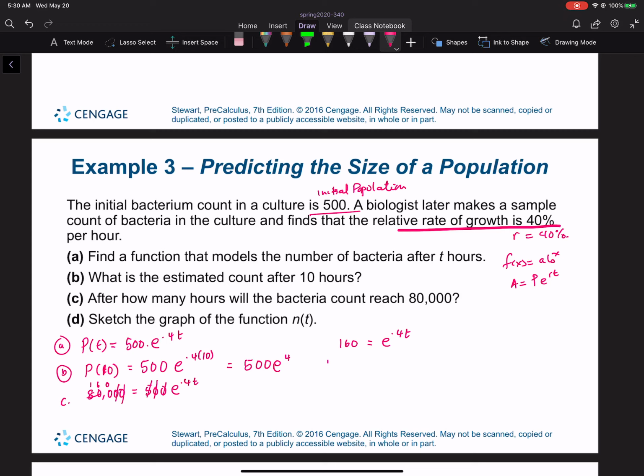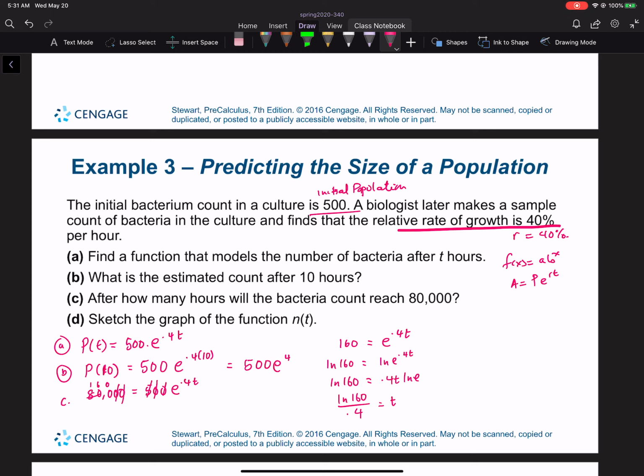So if I apply my natural logs, I get ln of e to the 0.4 t. That gives me ln 160 is equal to 0.4 t ln e. ln e is 1, so I can solve this now. ln 160 over 0.4 should be equal to t.